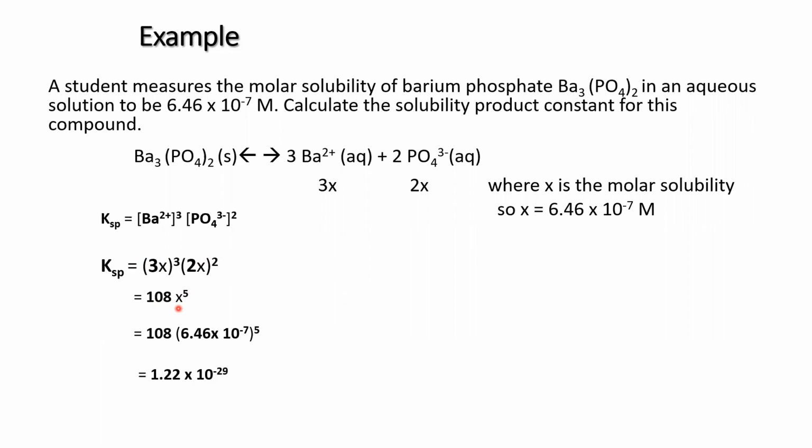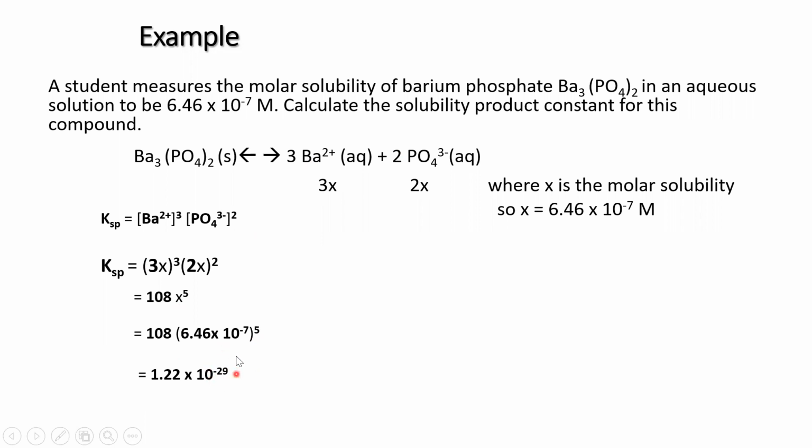All right, yeah. 1.22 times 10 to the minus 29. Think about what this number means. Actually, sorry, it's just giving you a value that's the product of the ions in the solution. And look at how small it is.